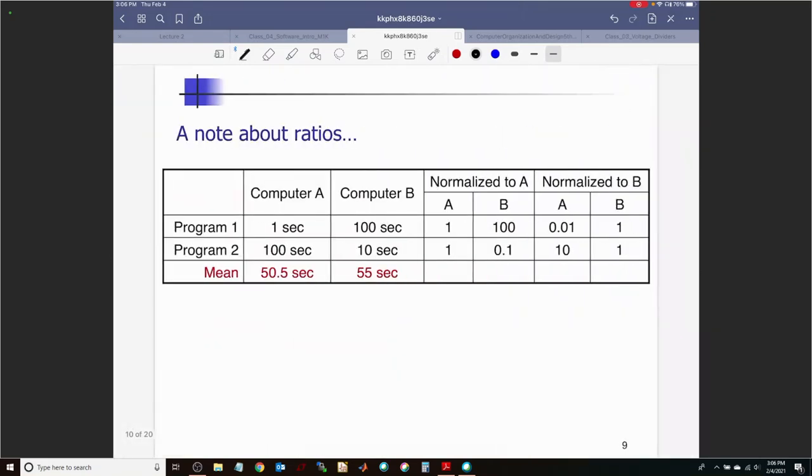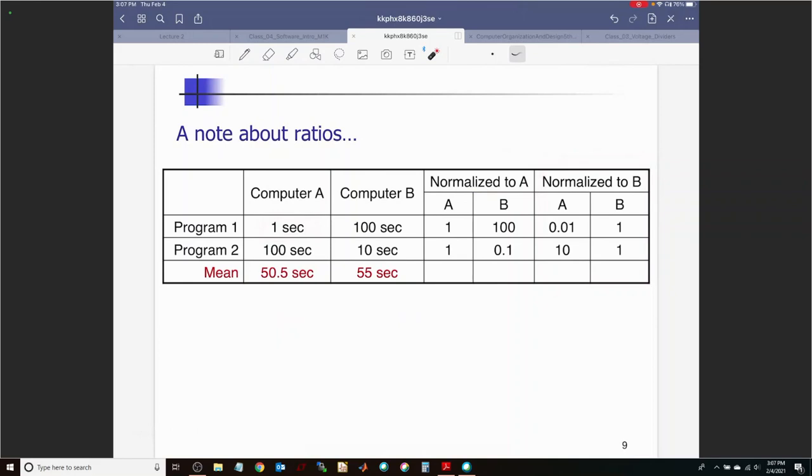All right. So now let's talk about normalizing things with respect to programs for a particular computer. What I mean by that is, instead of just looking at the time it takes to execute a particular program on computer A, I'm actually going to look at normalized times, and I will normalize them with respect to computer A first, and then I will normalize them for computer B next.